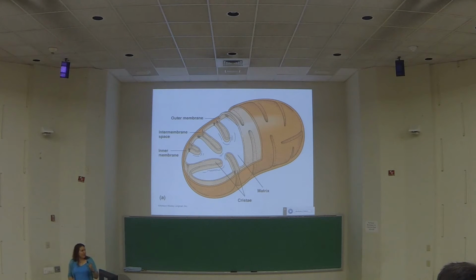So the rest of the pathways we're going to talk about happen in the mitochondria, and you have to keep track of where. Remember, the mitochondria has 2 membranes, which means there are multiple spaces things can happen in. We have the outer membrane, the inner membrane, the space between the 2 membranes, and the matrix inside the inner membrane, and those folds of membrane we call the cristae.